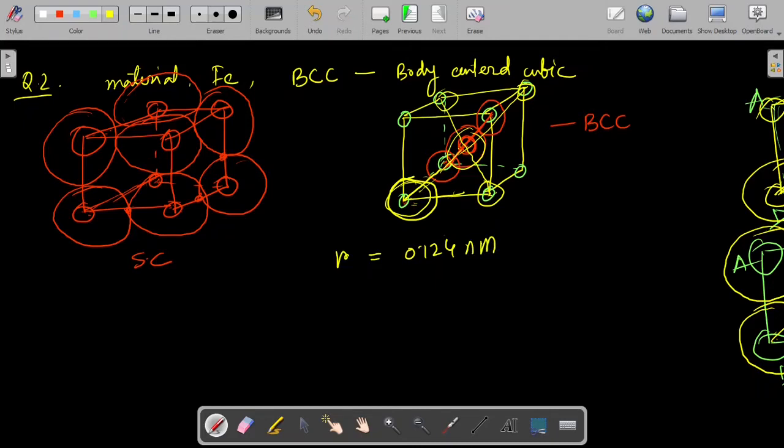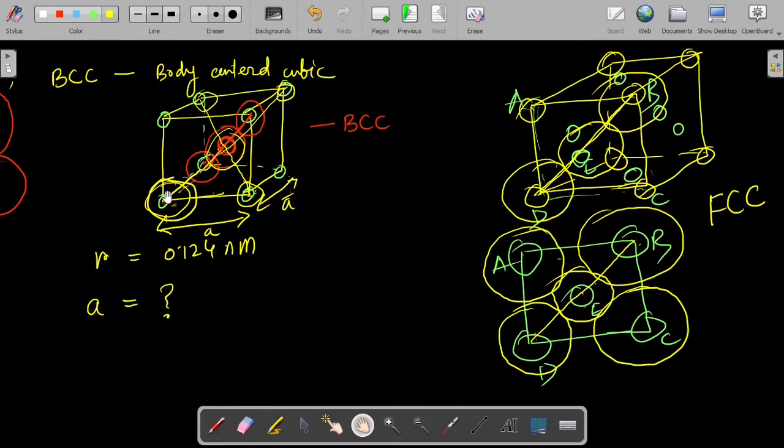Now, with this, what we have to find out is the lattice parameter A, meaning the distance between this or this. It's the side length of this cube over which the atoms are sitting.